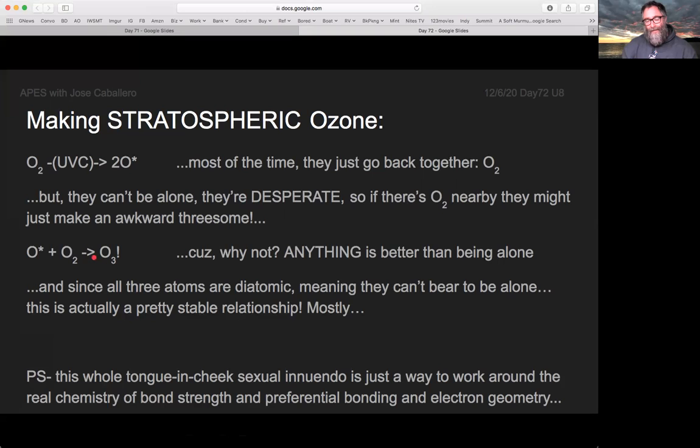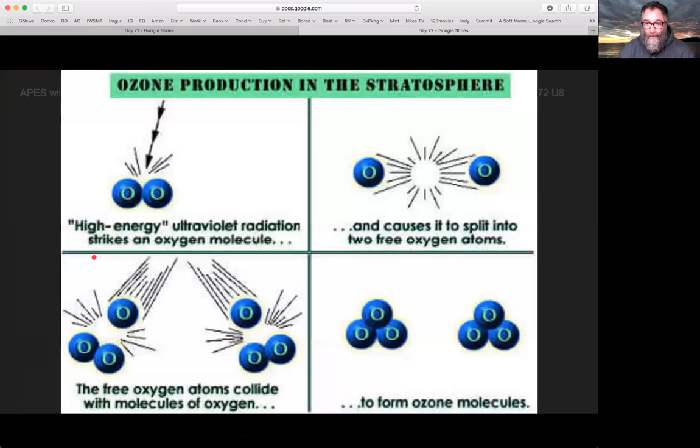Remember also that there is real chemistry. We just use all this innuendo as a way to keep your attention and make this behavior easy to visualize. If that's not necessary, look, there you go. High energy ultraviolet splits oxygen gas. You get two free atoms, which is pretty rare.